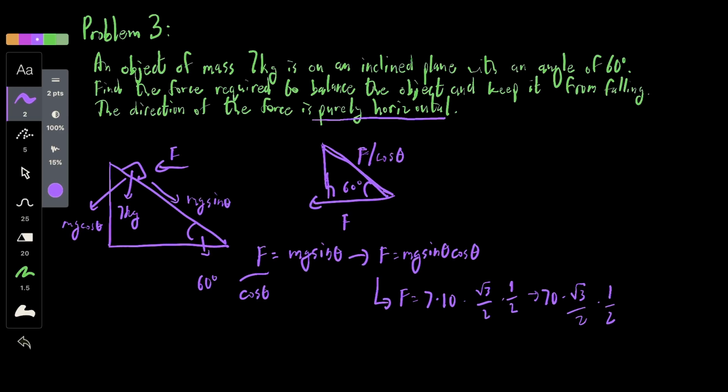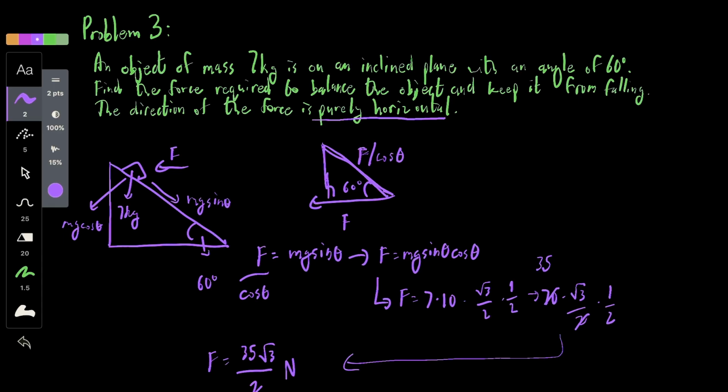Now this becomes 35 root 3, and then 35 root 3 divided by 2. So F is equal to 35 times the square root of 3 divided by 2 newtons.